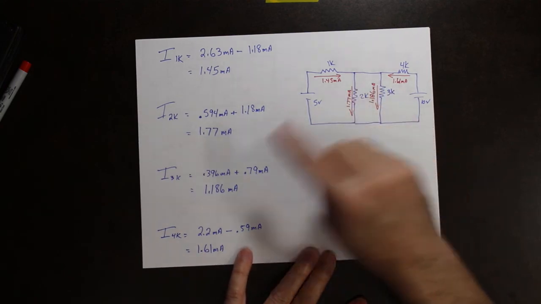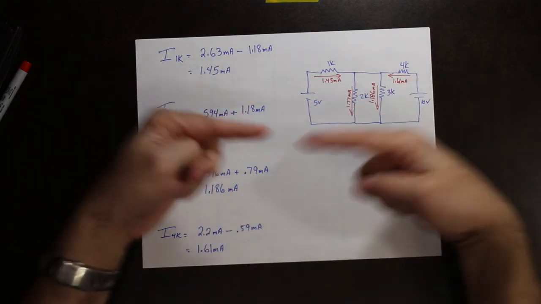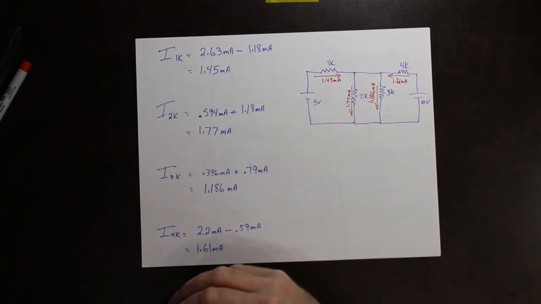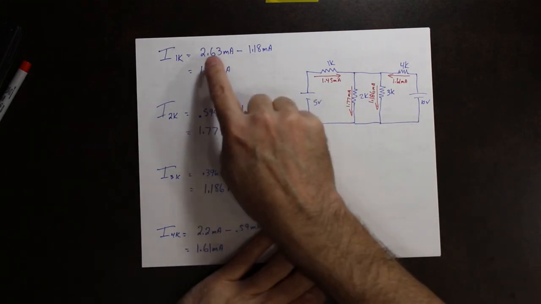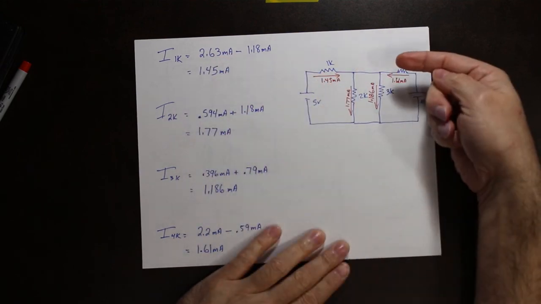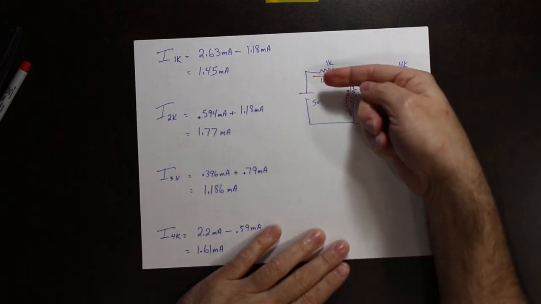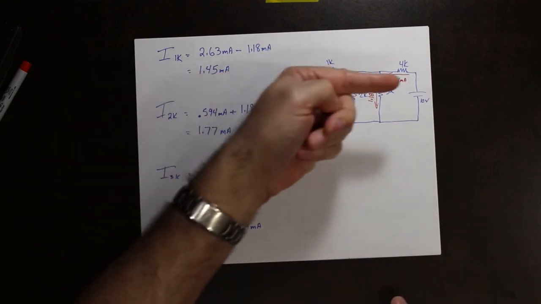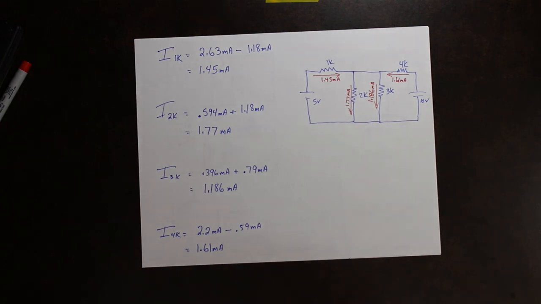So the larger current, if the two are going in opposite directions, the larger current determines the overall direction. So in this case, we had 2.63 going that way and 1.18 going that way, which results in 1.45 going that way. It's the algebraic sum, so taking into account direction.